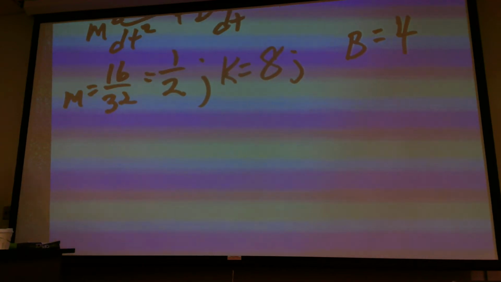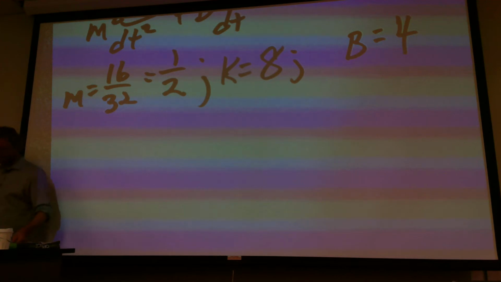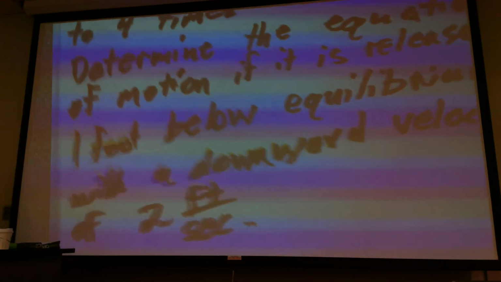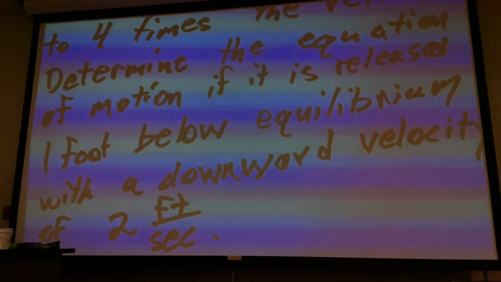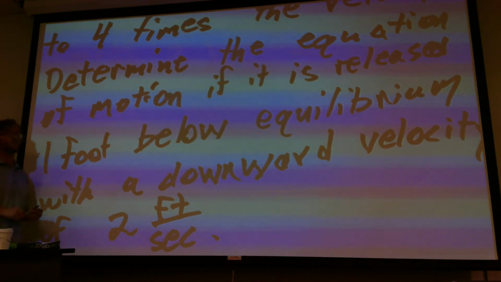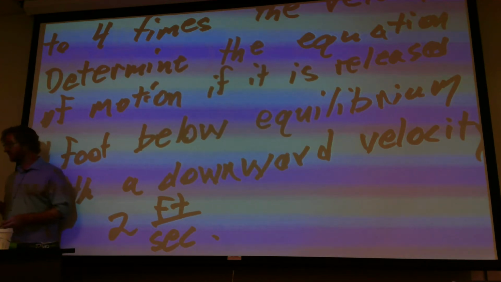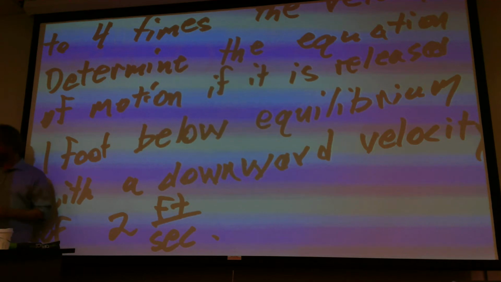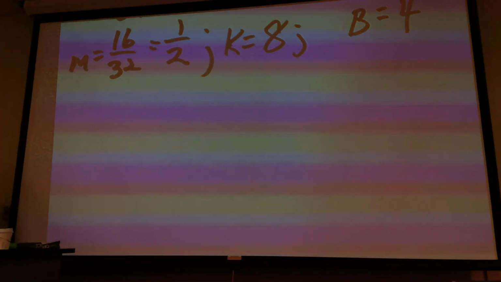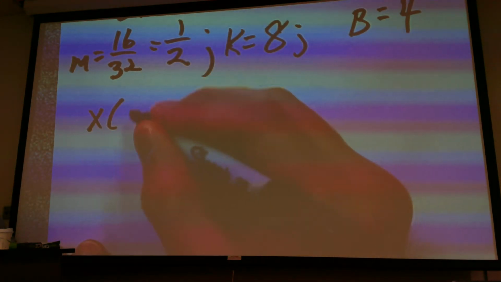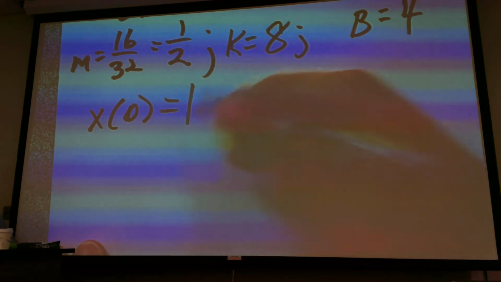Let's see what other information is given inside of this problem. It's released 1 foot below equilibrium. Remember, when it's below equilibrium, this seems a little contradictory, it's actually positive. And it's headed downward, so it's heading in the positive direction. So x of 0 is going to equal 1.